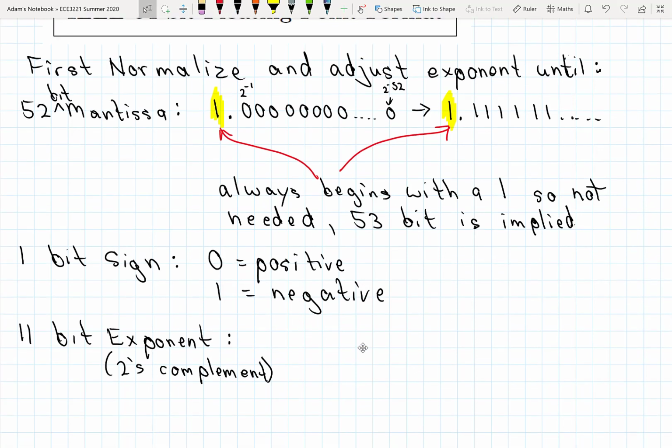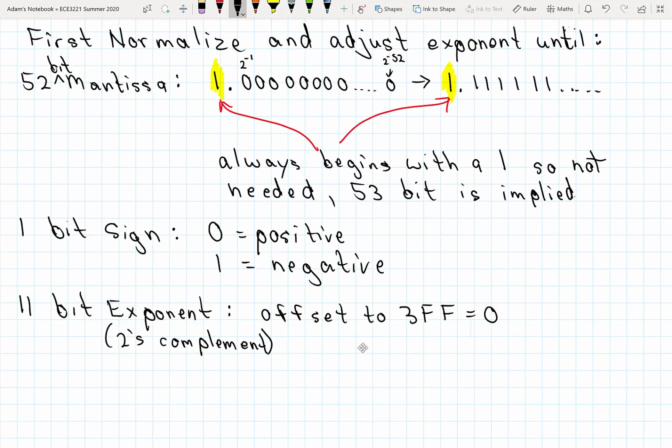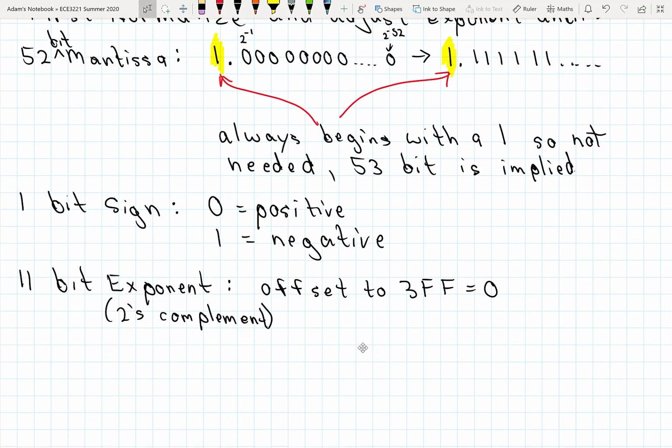What's interesting about the exponent is it's offset to 3ff. So a value of 3ff in the exponent is equal to 0. Again, we'll look at an example, hopefully to help solidify what's going on here.